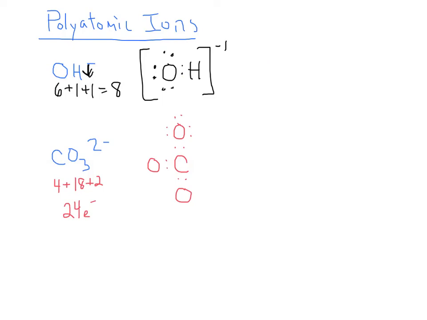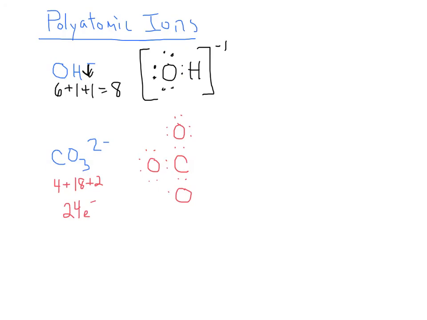We'll do the same thing for the second oxygen. Okay, so let's check and see how many we've used at this point. We have 8 around this one, 8 around this one, that's 16, plus those 2. So we've used 18 out of our 24, so we only have 6 electrons left.